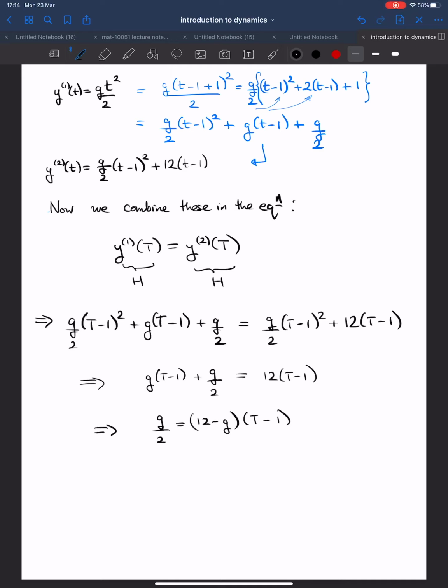Well, this is then T minus 1 equals g over 2, 12 minus g. And then, of course, this is going to give us the following for the capital T: T equals 1 plus g over 12.